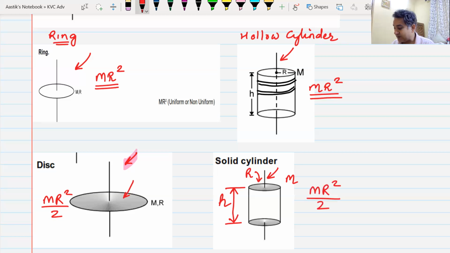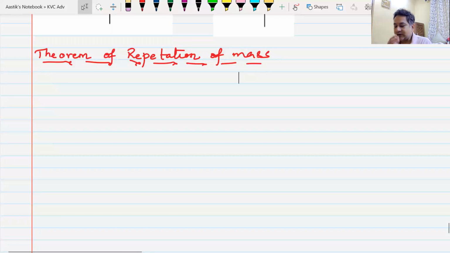From this, we can understand a very small thing and call it as theorem. Theorem of repetition of mass.